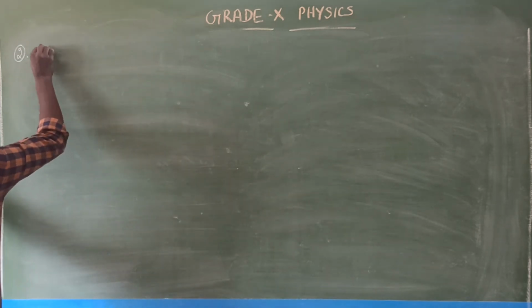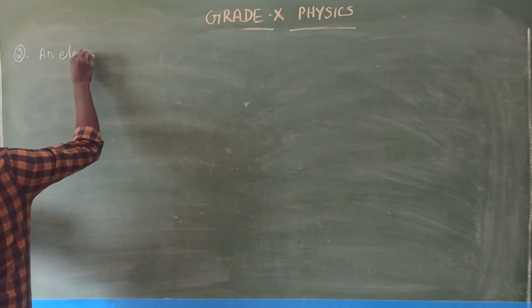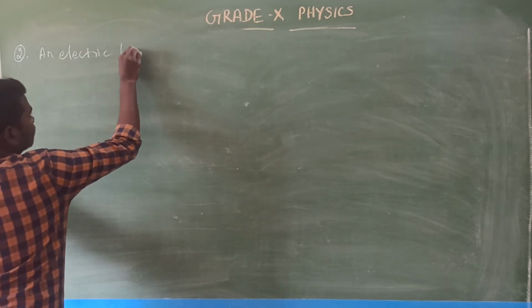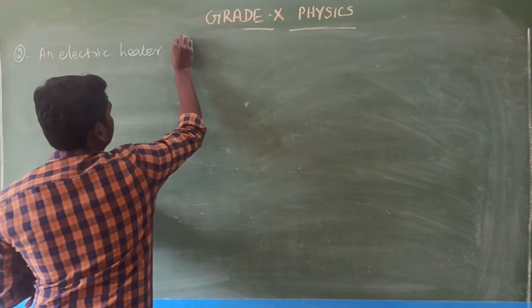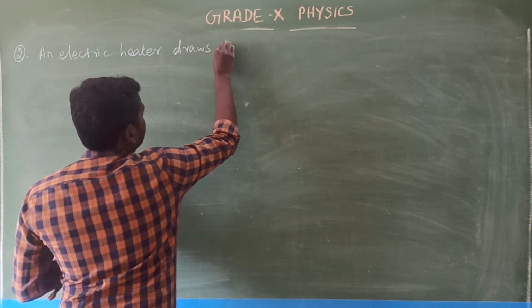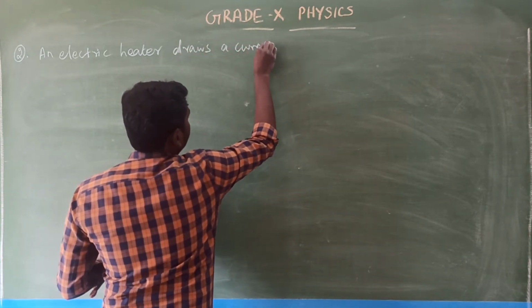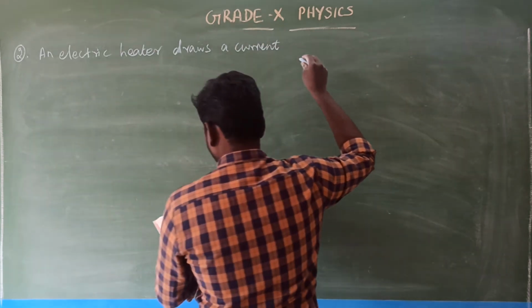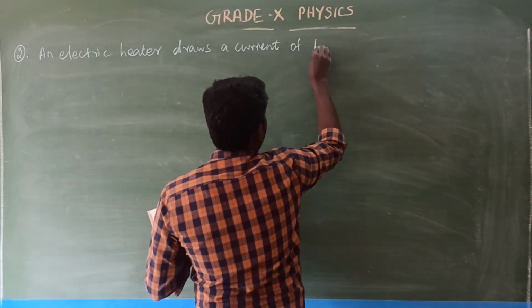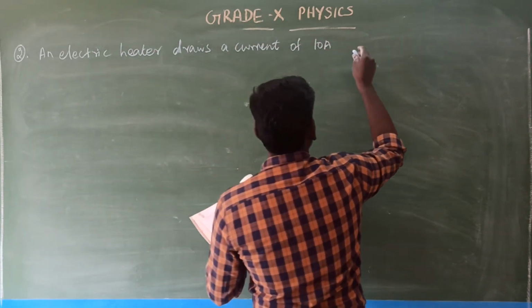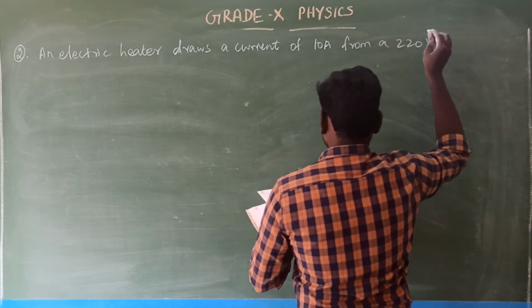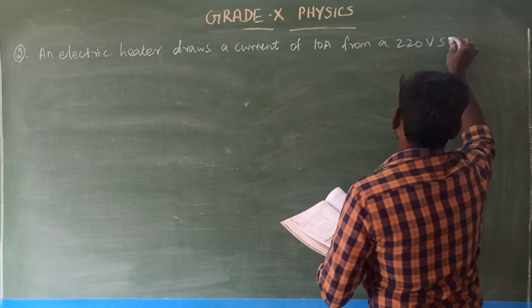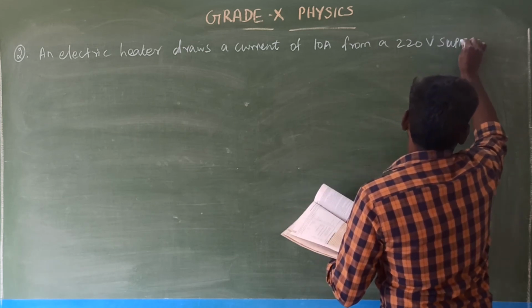An electric heater draws a current of 10 ampere from a 220 volt supply.